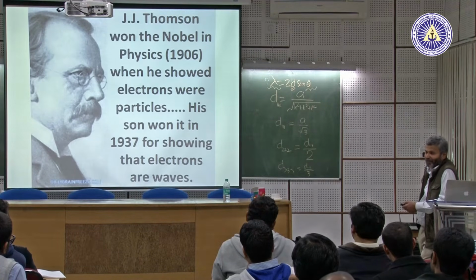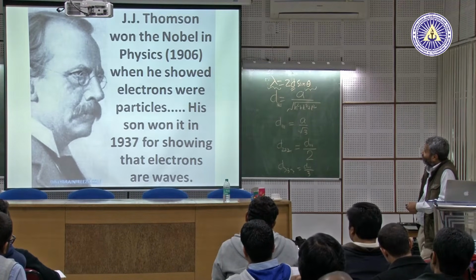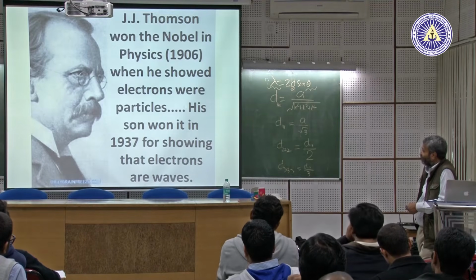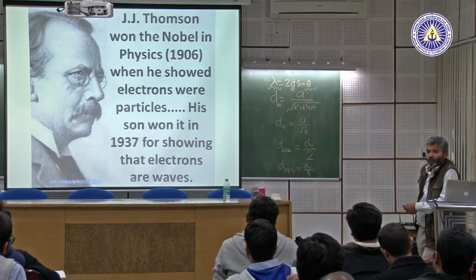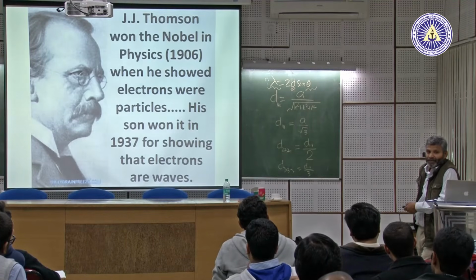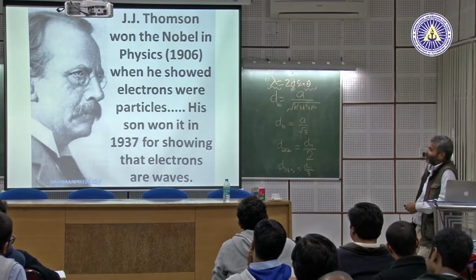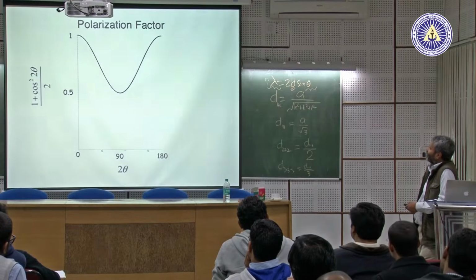Later on you are going to study that. So, the father got the Nobel Prize by showing electrons are particles, and the son got the Nobel Prize for showing electrons are waves. Both separately. This was more intelligent. Rather than sharing a single Nobel Prize, they got 2 different Nobel Prizes by contradicting each other.